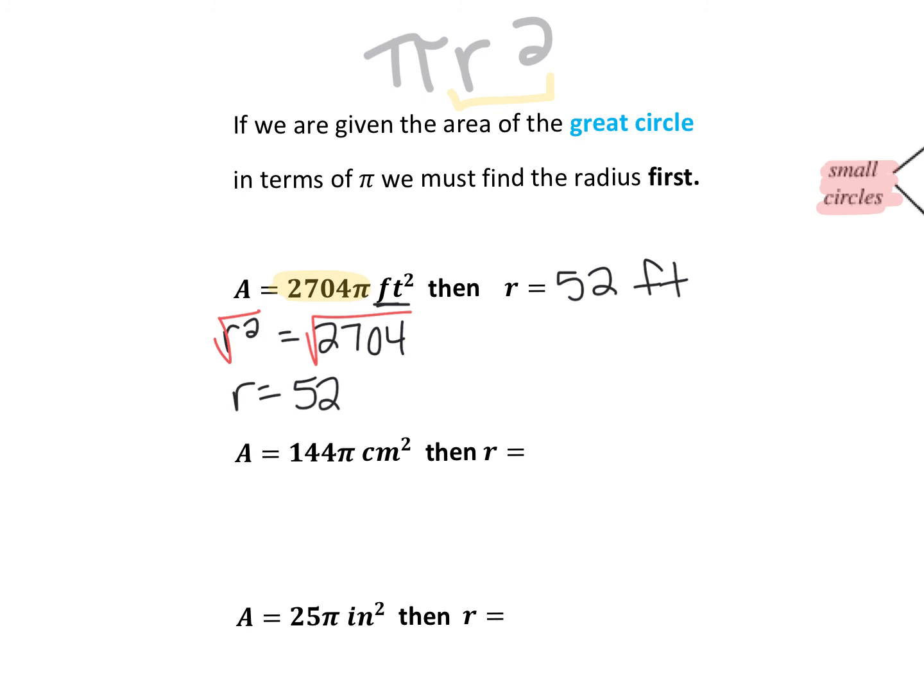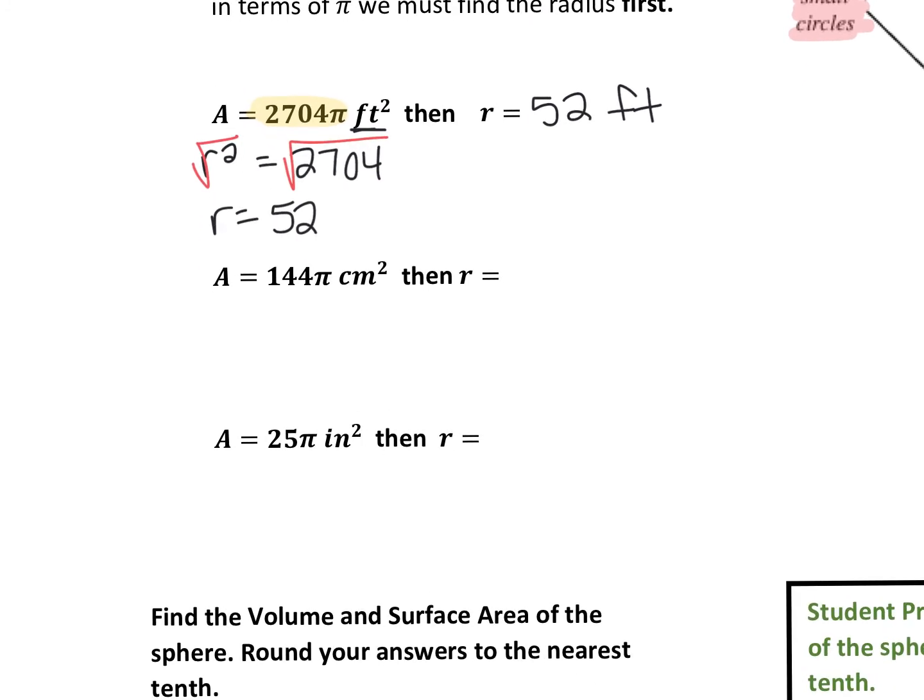Okay, so let's try this again. So I locate the number, making sure it's in terms of pi. I have 144, and I'm going to take r squared equals 144 and square root both sides. I will get r equals 12, and my units will be centimeters. Okay.